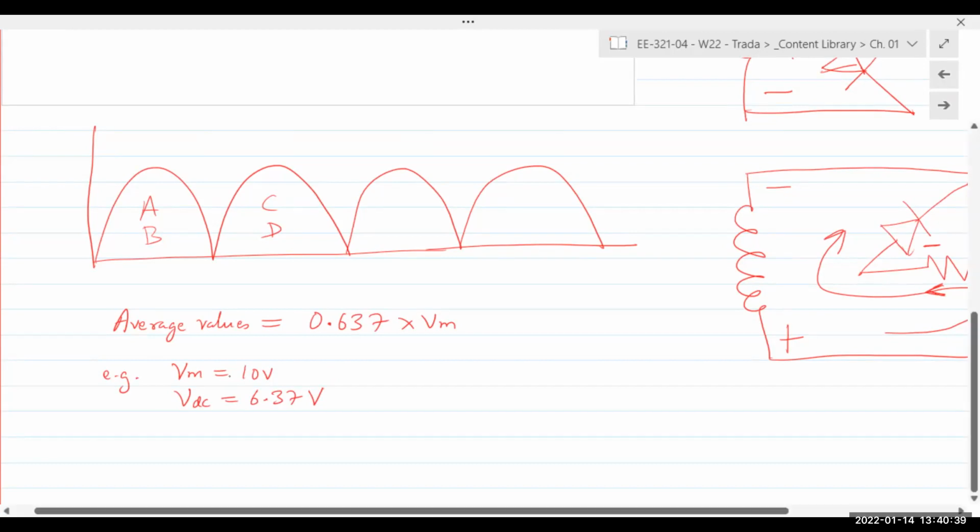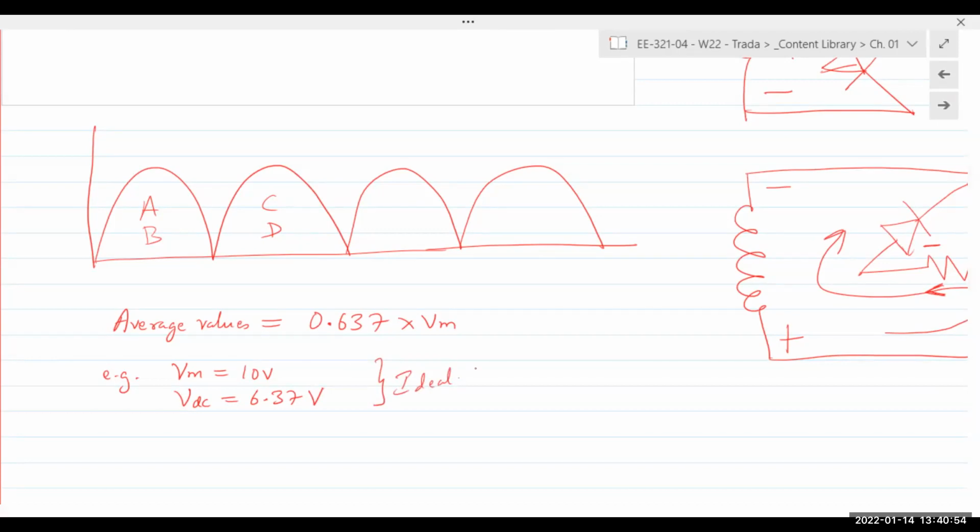That's for ideal. So in an actual bridge rectifier circuit, we'd have 2 diode voltage drops because you need 0.7 plus 0.7 volts to actually turn on those diodes.